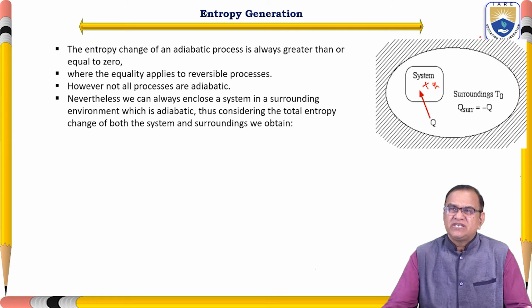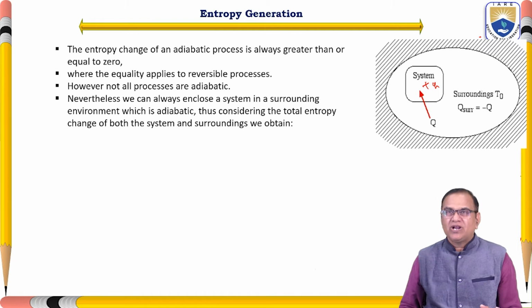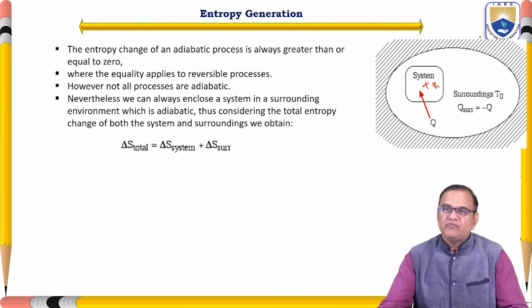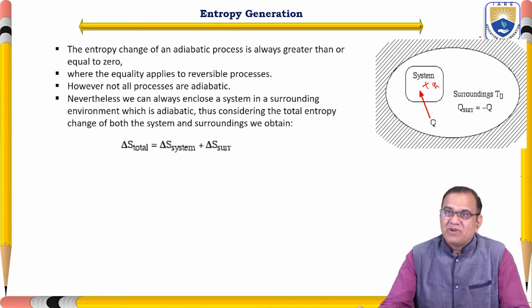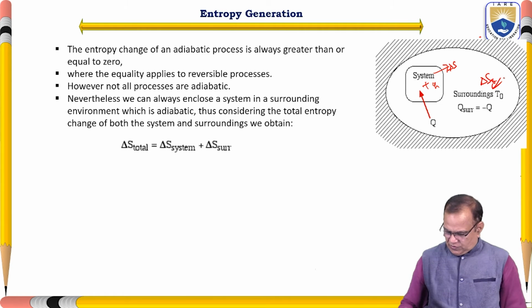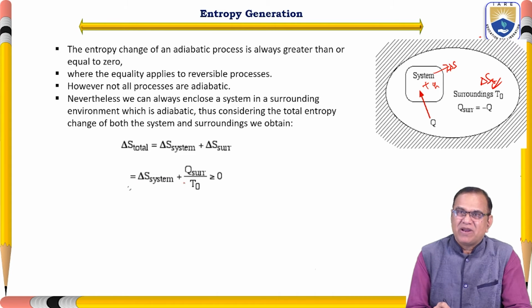Thus, if you consider the total entropy change of both the system and the surrounding, we will get S total is equal to delta S of the system plus delta S of the surrounding. So this is delta S of the system, and this is delta S for the surrounding. So here we can write this as delta S of the system plus Q surrounding by T naught, because this is adiabatic.